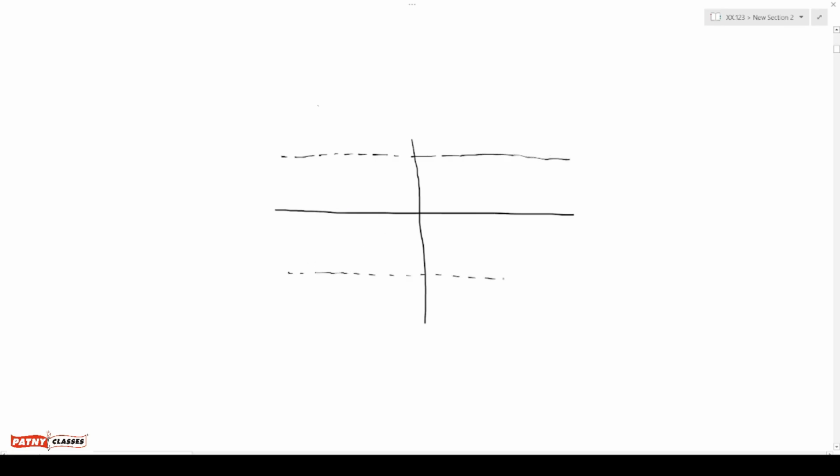First of all, let us draw the x-axis and y-axis. Here I am going to draw the sine function, with the amplitude above the x-axis and the amplitude below the x-axis. This is the x-axis, this is the y-axis, and this is the 0 position, the origin.